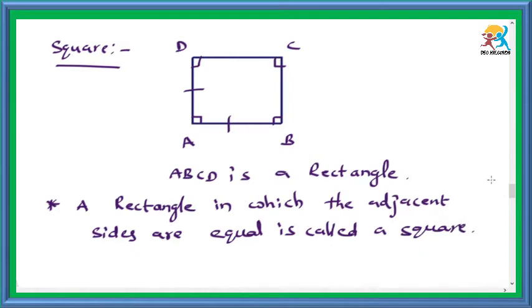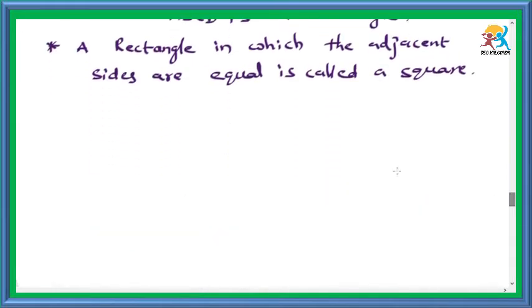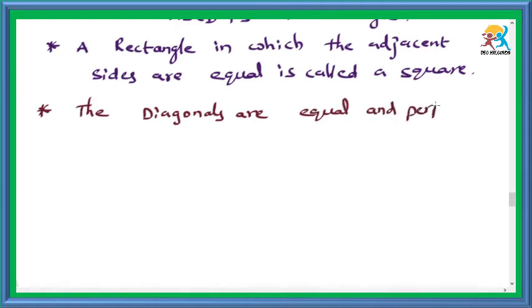For the square also we get all the properties from the rectangle. Then what is the unique property the square has? That is, in a square the diagonals are equal and perpendicularly bisecting. This is the unique property.